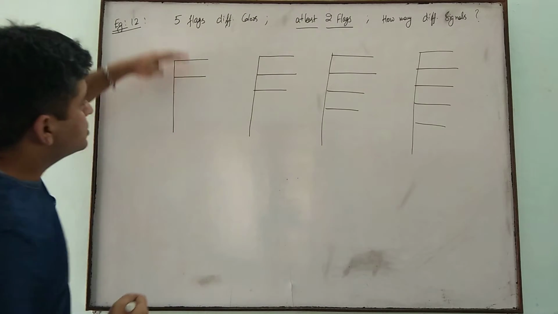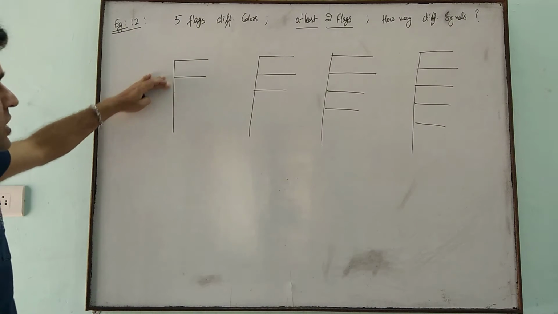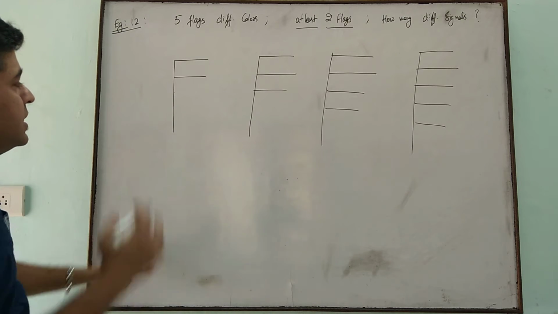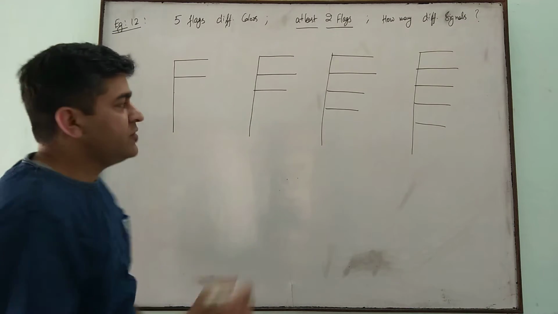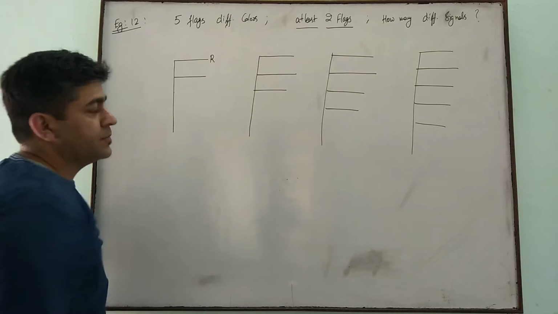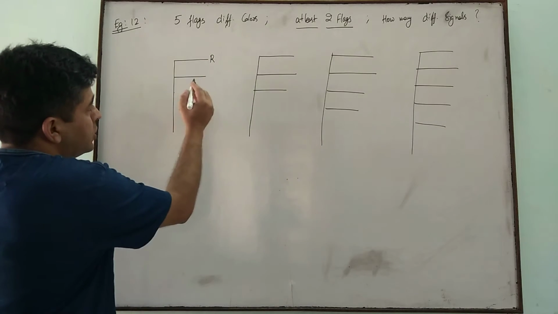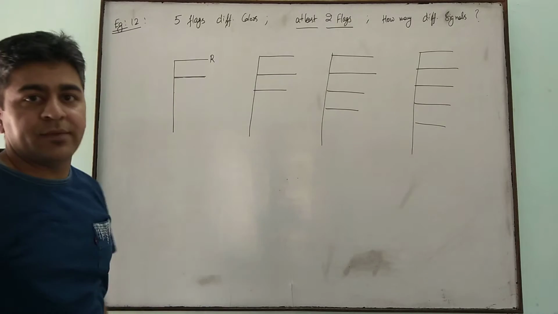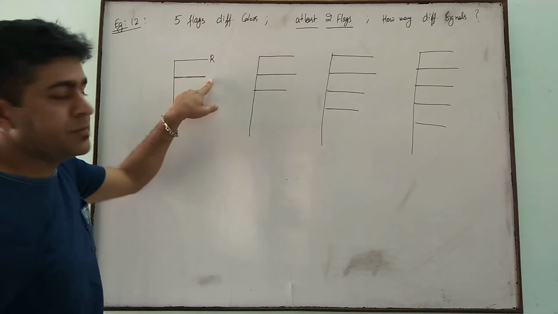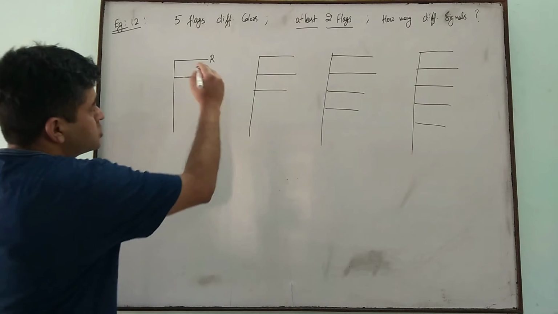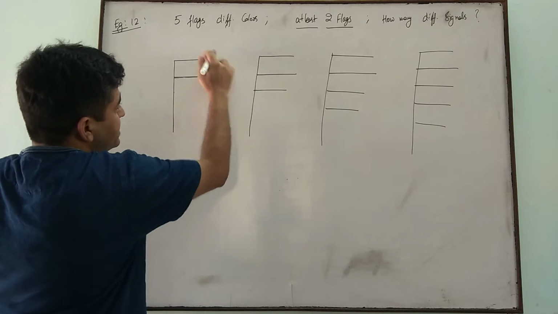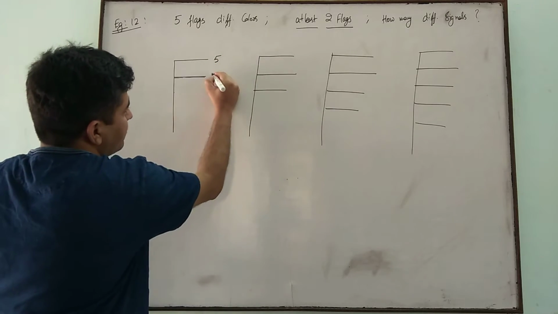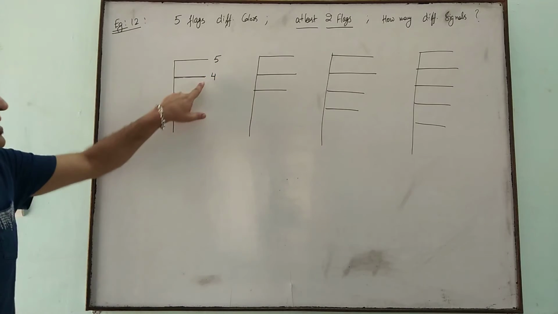So see here, if we are using 2 flags, then how many signals are possible? Now practically you have to think, if suppose red color you are using here, for the second flag this red will not be available, means repetition cannot be there. So to put the first flag we have 5 ways, to put the second flag we have always 4 ways.